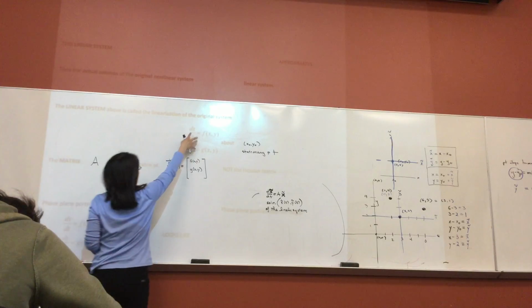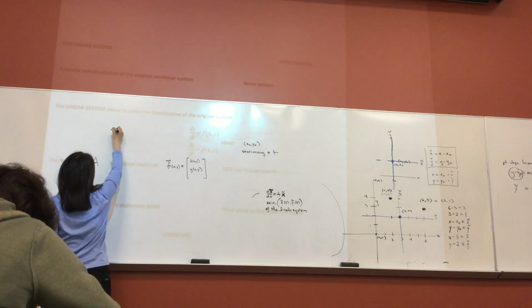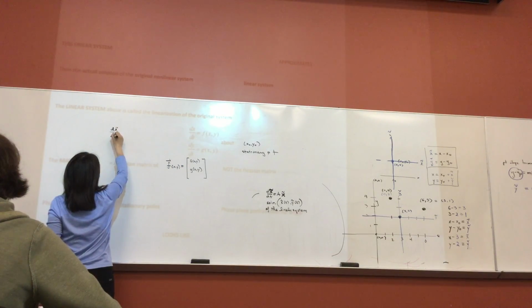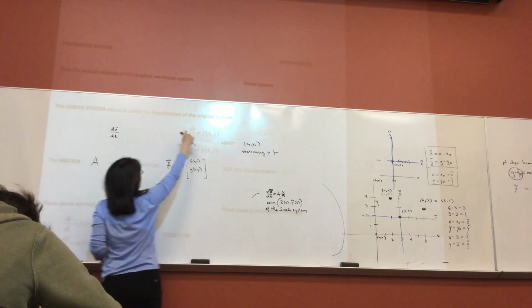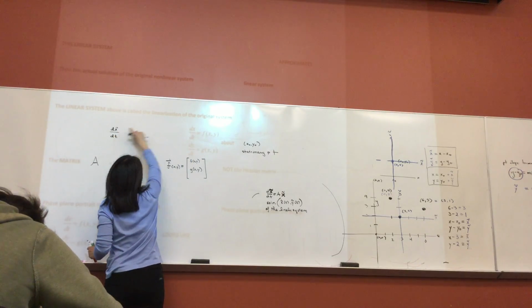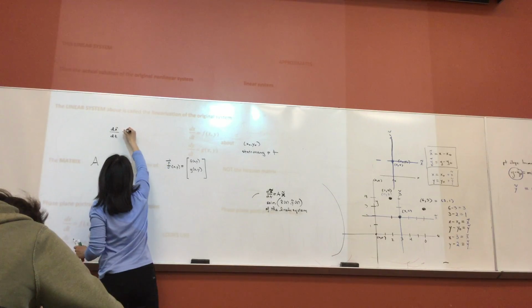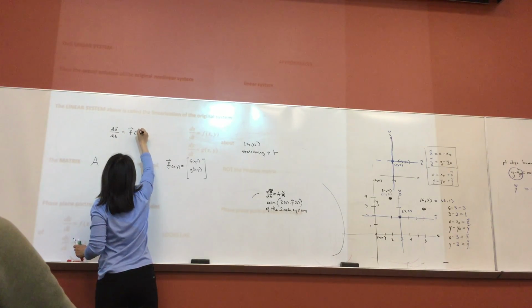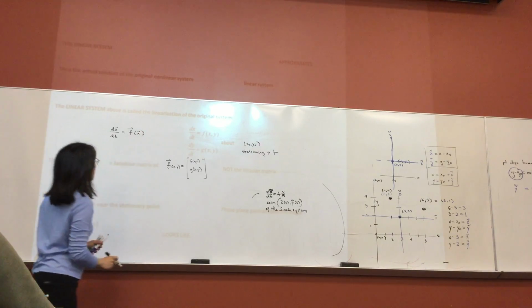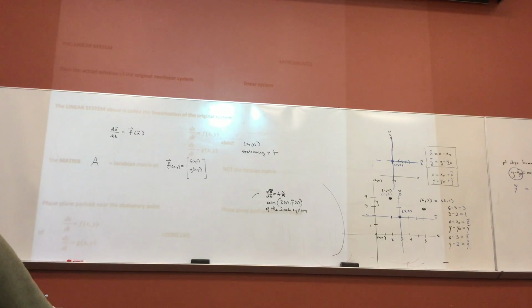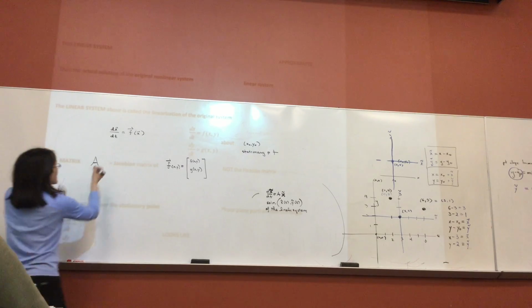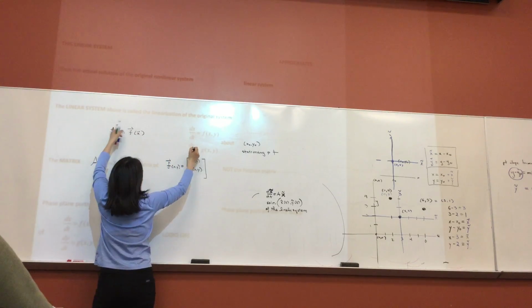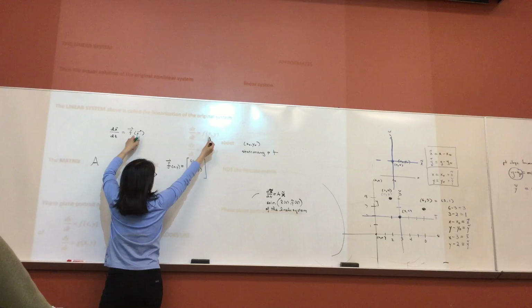So you can rewrite this system as dx dt, where this x is both these guys, right? And you write it as f of x, like that, right? Does everybody see this? That would be how we would write it.